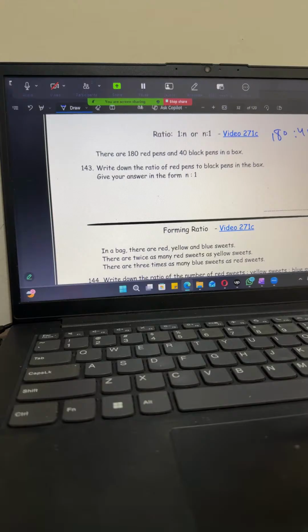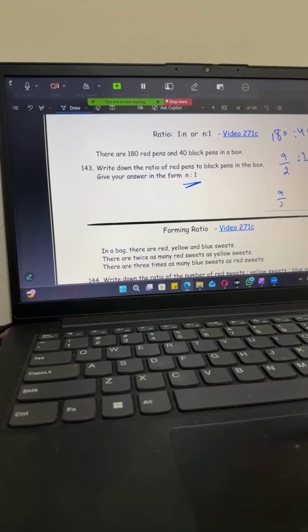It's 4.5, or 9 over 2. 9 over 2 is also 4.5, right? Yeah. And 40 divided by 40 is 1, right? So they need the ratio in the form n ratio 1.